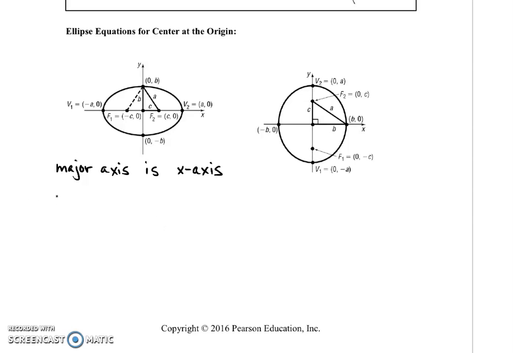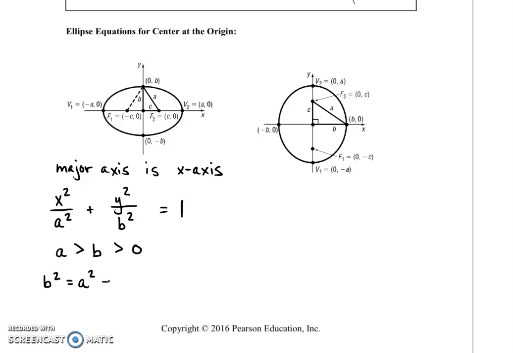And its equation looks like x squared over a squared plus y squared over b squared equals 1. Now here, a always has to be bigger than b, and both of them are positive. And to figure out b, b squared equals a squared minus c squared.